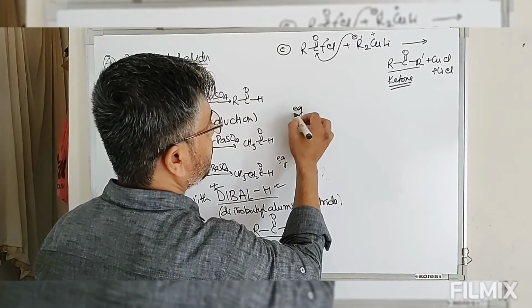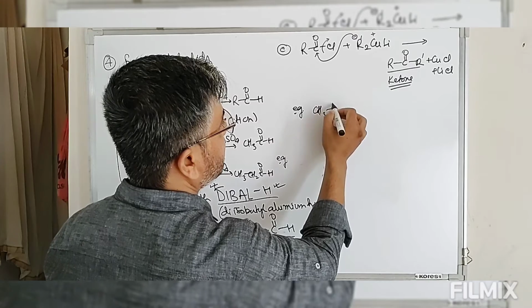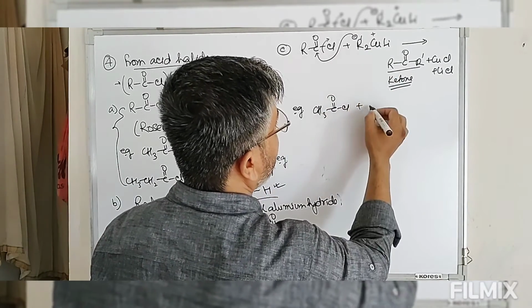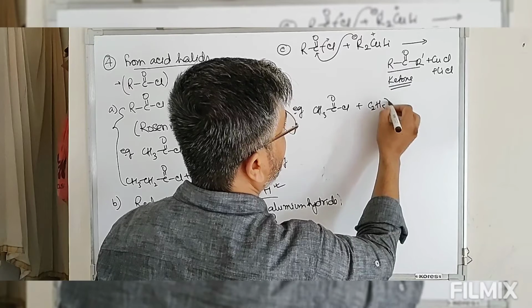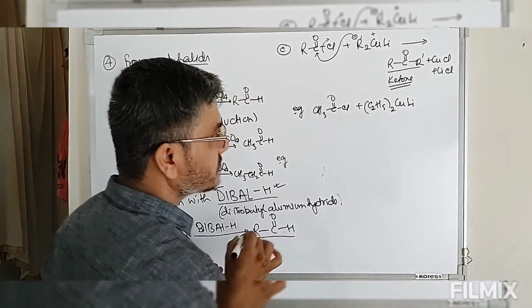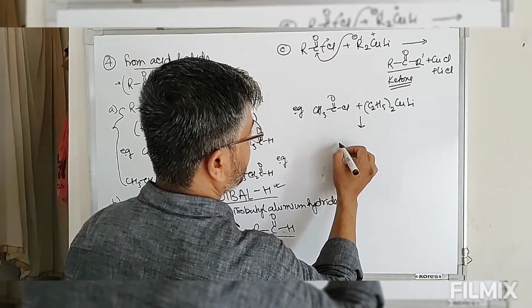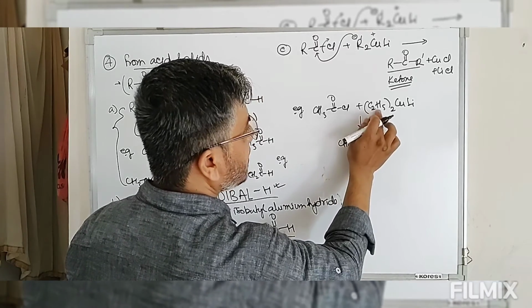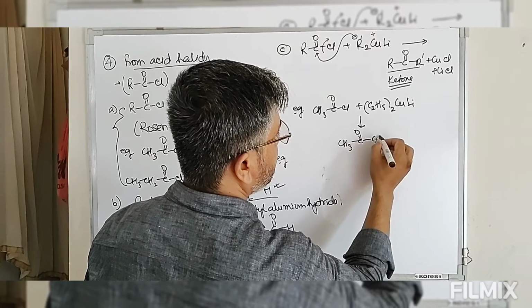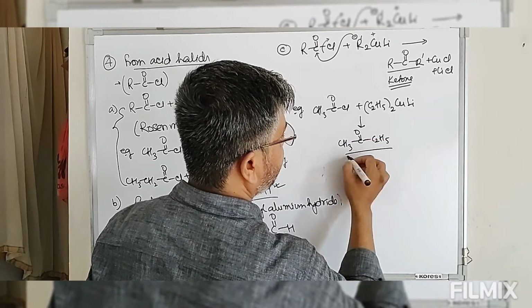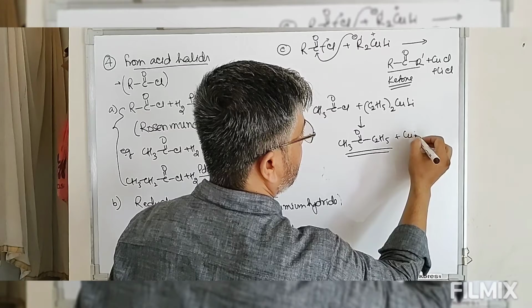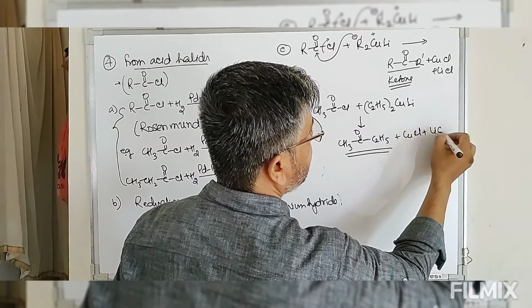Take this example. Suppose the starting compound is CH3, C double bond O, Cl. Now this reacts with this R prime, let's suppose this is (C2H5) whole twice CuLi. Now this reacts to give you CH3. Now this R will replace this Cl. So we have C double bond O, C2H5, plus we have CuI, plus we have LiCl.